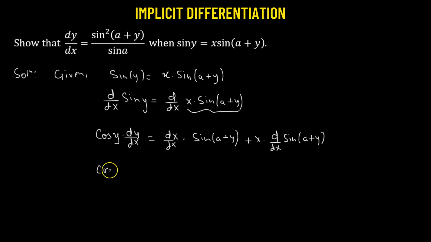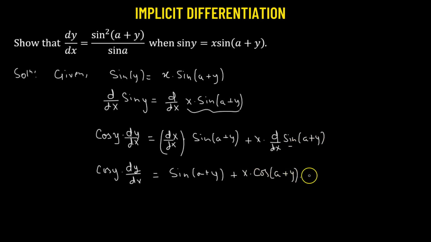So this gives us cos y multiplied by the derivative of y with respect to x equals the derivative of x with respect to x, which is simply 1. So we have sin(a + y) plus x times the derivative of the sine function, which gives us the cosine function. Here we have a + y, so we'll get cos(a + y), but we'll have to use the chain rule and multiply it by the derivative with respect to x of a + y.